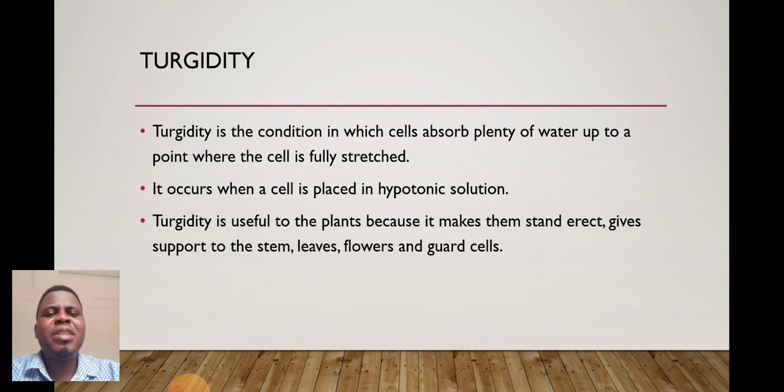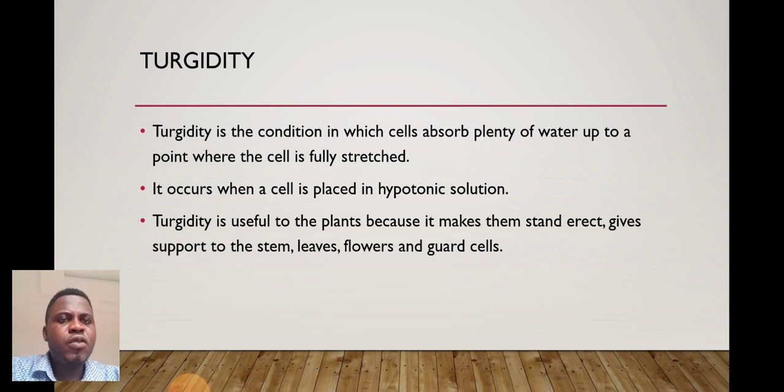What will just happen is that the cell will become rigid, and that rigidity is called turgidity. So turgidity is the condition whereby cells absorb plenty of water to the point where they are fully stretched, and it occurs when they are placed in a hypotonic solution.